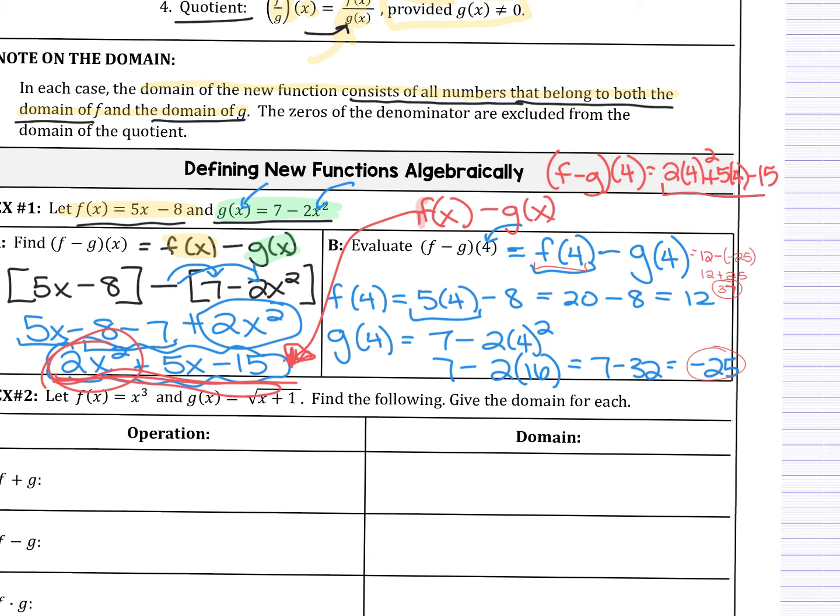Now if I simplify this, I get 2 times 16 plus 20 minus 15, or 37.